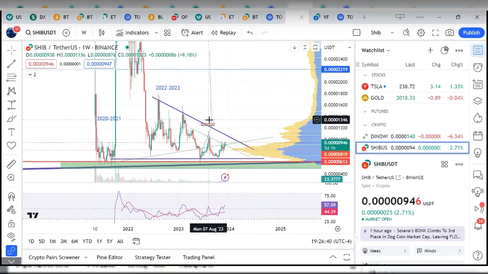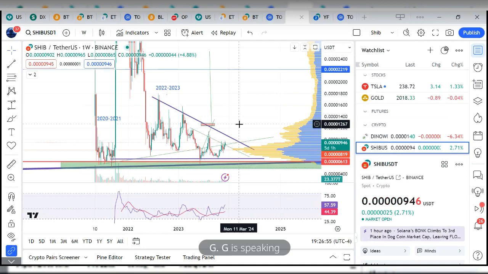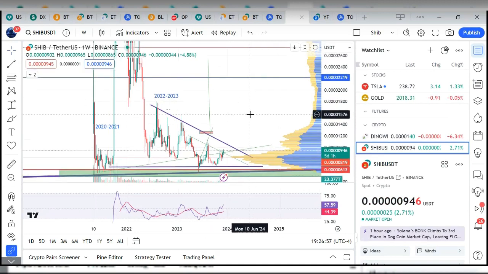Okay. So everything here should be indicating that it's supposed to break out of this pattern, right? And actually go up. I'm expecting a minimum of 1267 and possibly the final target will be around 2200.